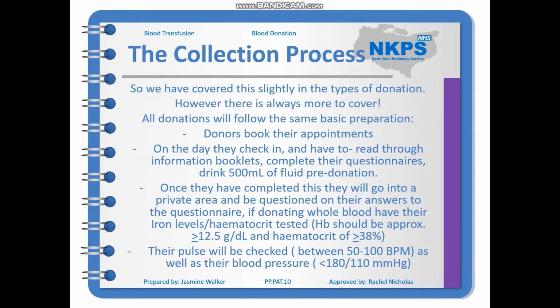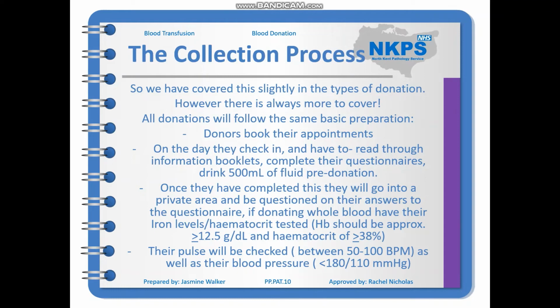The actual collection process. All donations will follow the same basic preparations. The donors book their appointment, on the day they check in and have to read through information booklets, complete their questionnaires if they haven't brought it with them, and drink at least 500 ml of fluid pre-donation. Once they've completed this, they will go into a private area, be questioned on their answers to the questionnaire, and if donating whole blood, have their iron/hematocrit tested.